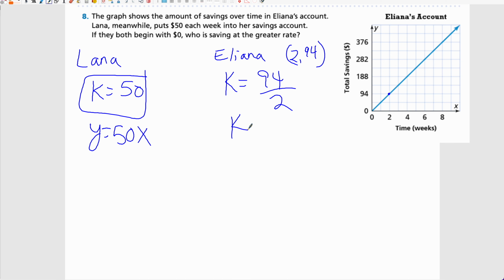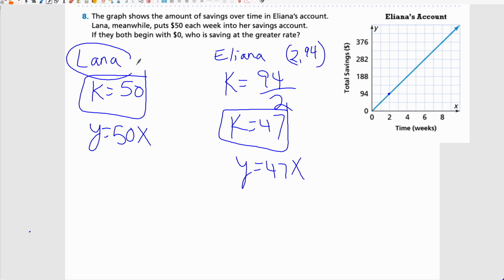So K equals 47. What would her equation be? Y equals 47x. You wrote another linear equation. Okay, and so Lana is putting money away faster than Eliana. Her account is growing faster. Pretty simple?